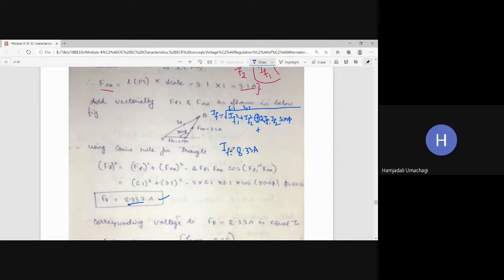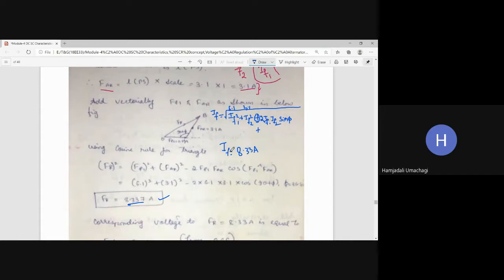Next you write, for resultant IF equal to 8.33 ampere, check the corresponding EPH using OCC from the graph.